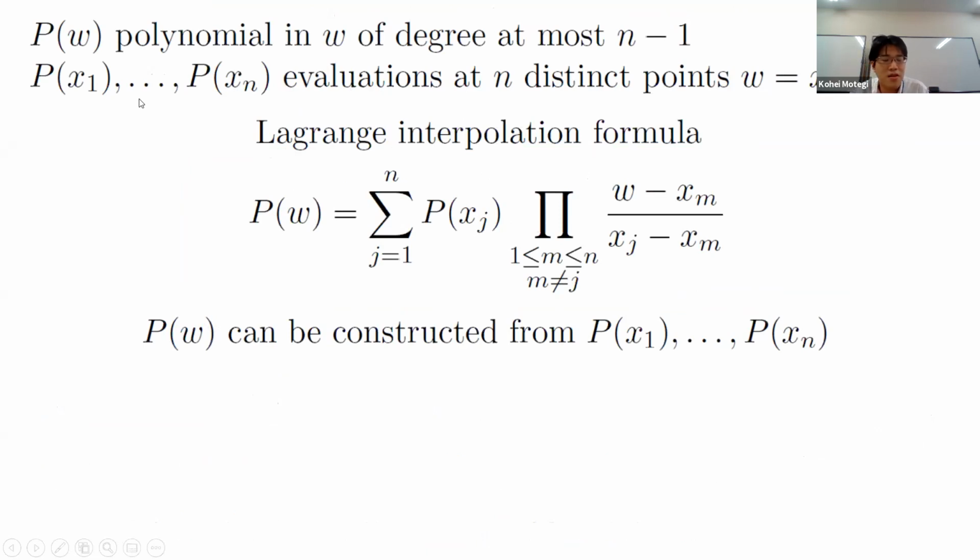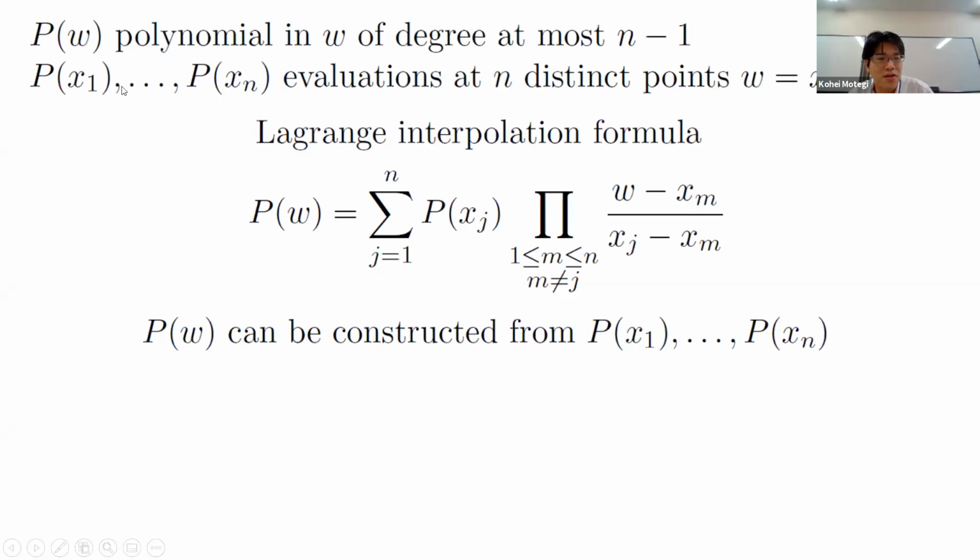This means that if Pw is a polynomial in W of degree at most n minus 1, then this polynomial can be constructed from the evaluation of this Pw at n distinct points.